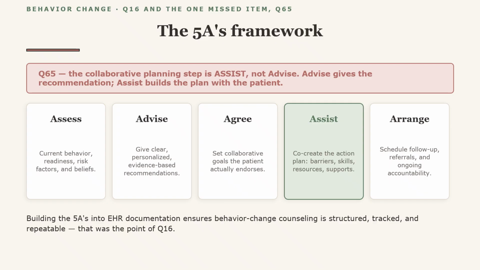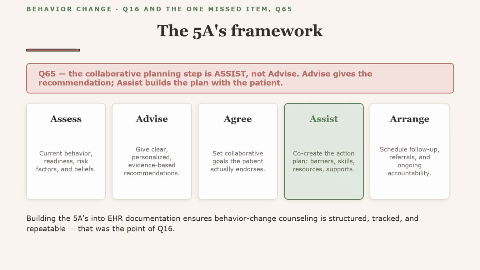The confusion when looking at these 5 concepts is almost always between advise and assist. Advise is one directional. The clinician delivers a clear, personalized, evidence-based recommendation. And assist is collaborative. The clinician and patient build the action plan together, identifying barriers, skills, resources, and supports.